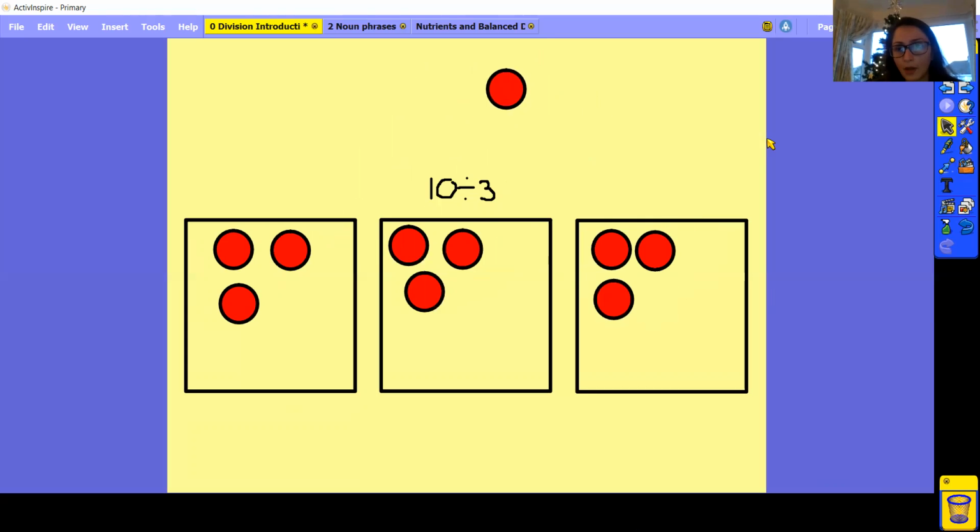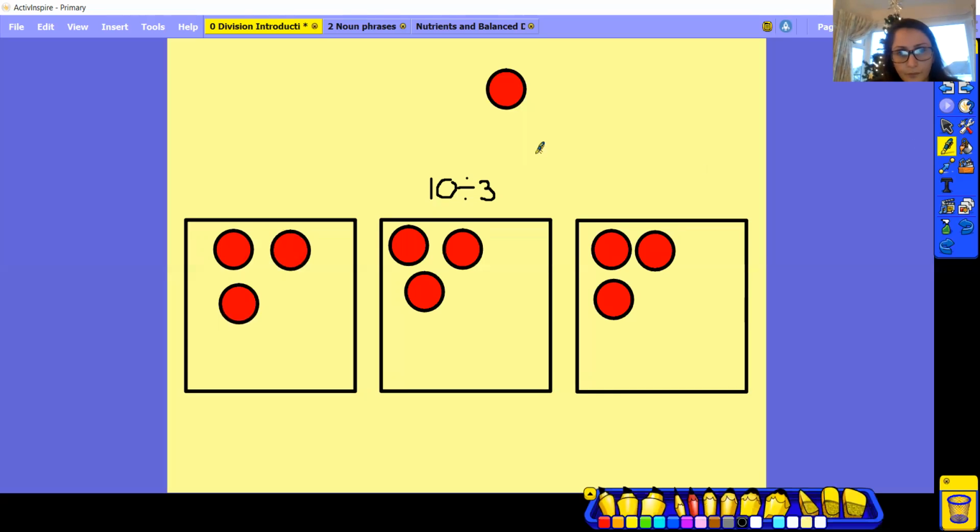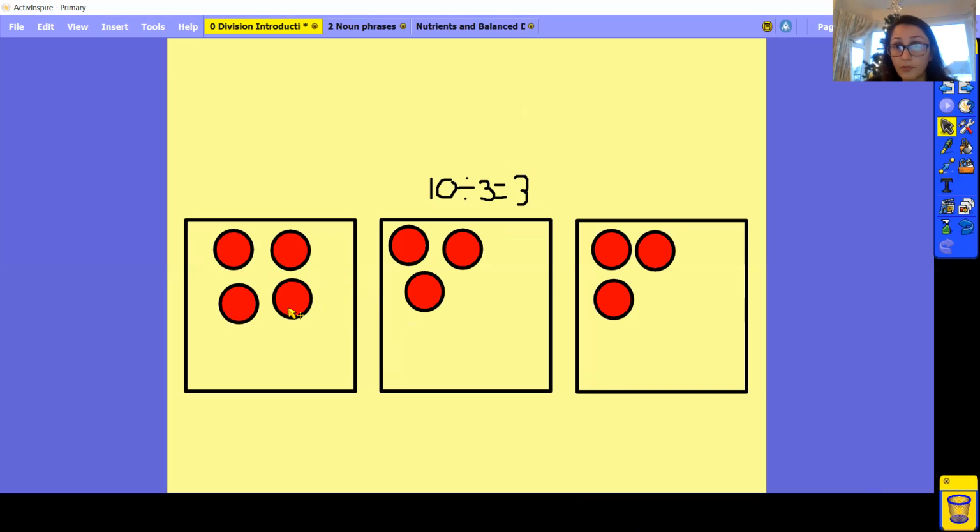So first of all, we know that we can equally have, remember, they have to have the same amount in each box, okay? We know there are 3 in each box. If I try to put that extra 1 in, it's not going to be equal. I haven't got 3 groups that are the same, so I can't put it there.